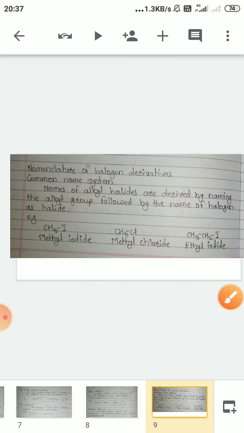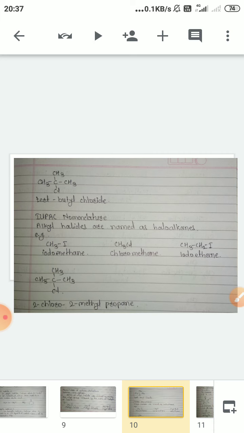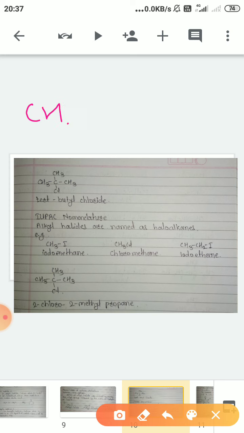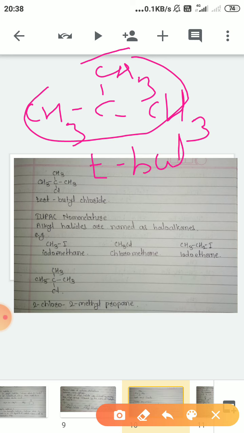Now we'll see some more examples. Here we have a compound with CH3 groups. Which group is this? This is the tertiary butyl group. Don't forget n-butyl, isobutyl and tertiary butyl.